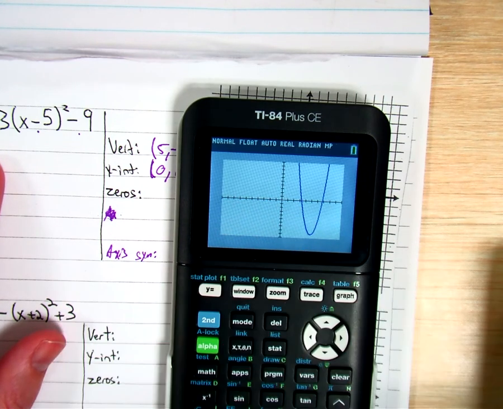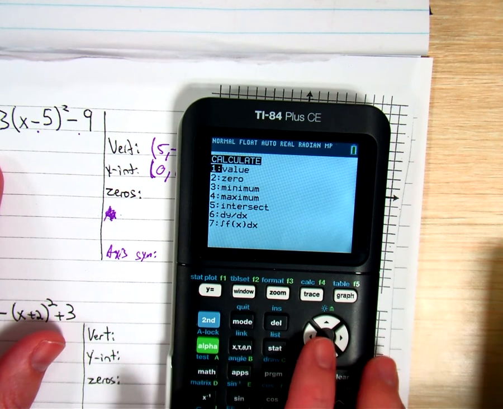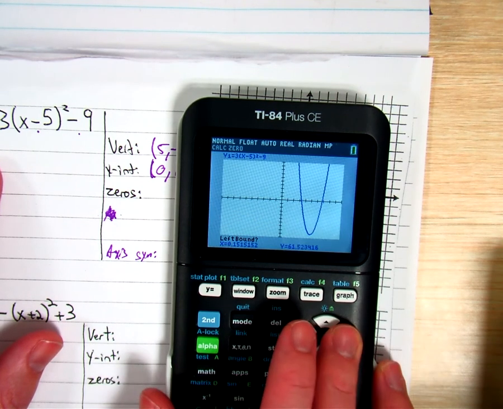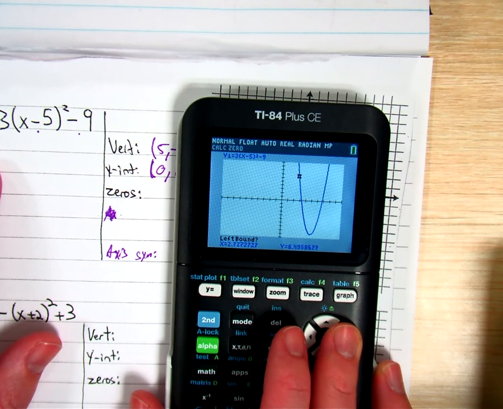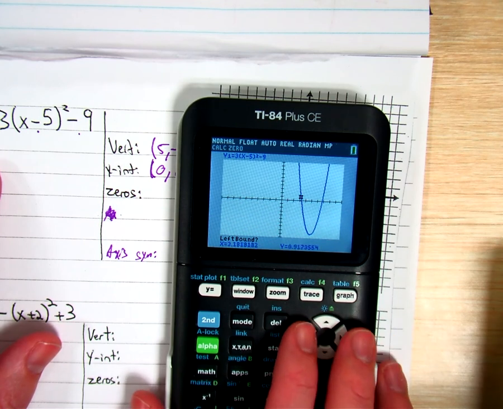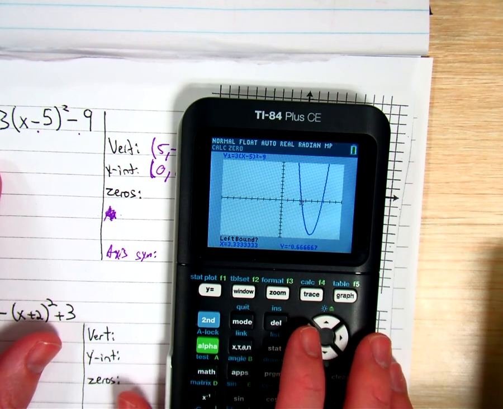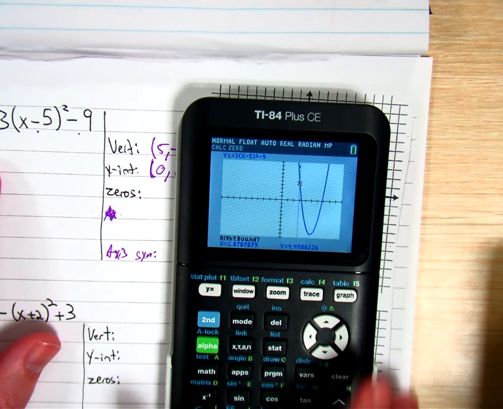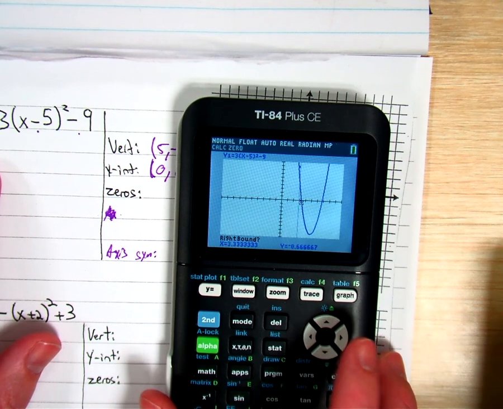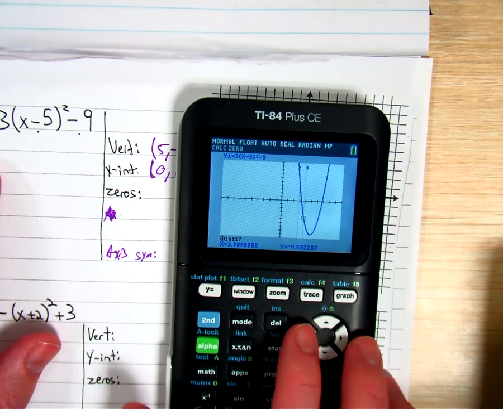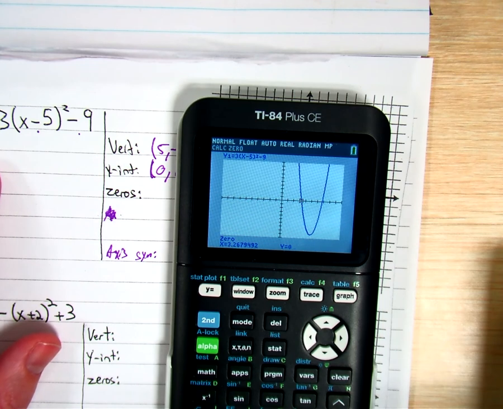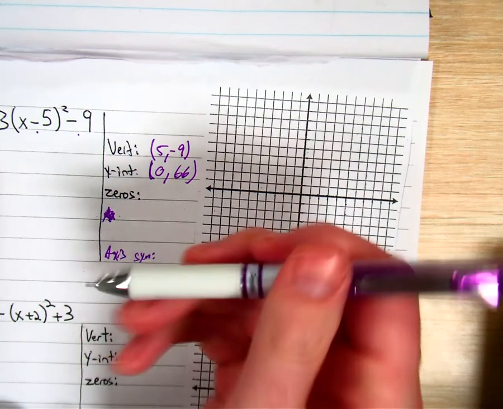Okay, we can see it's going to cross twice, 1, 2, and it does not look like they're going to be very nice. So second trace, 0, left bound, right bound, where are we at? There we come. So here's about where it's at, so left bound, left, left, left, enter. Right, right, right, enter. Guess in the middle, 3.2679, let's call it 3.27, comma 0.